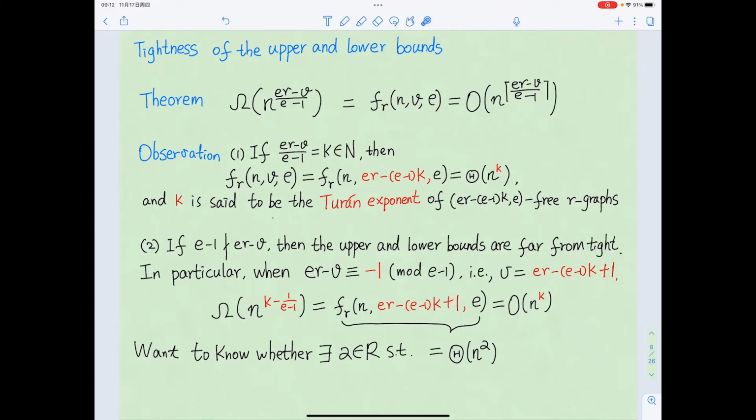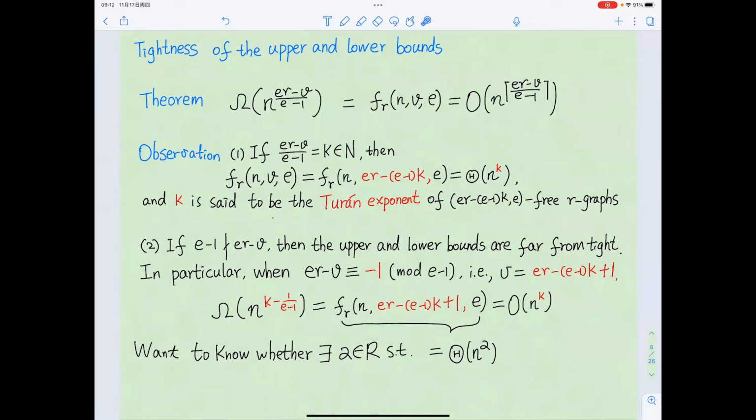In the other case, where the denominator does not divide the numerator, the upper and lower bounds of this function are far apart, far from tight, because the exponent of n in the upper bound is an integer, but the exponent of n in the lower bound is not. So basically, you can study the asymptotic behavior of this function for any values of r, v, and e.